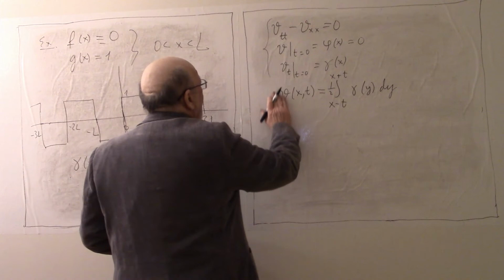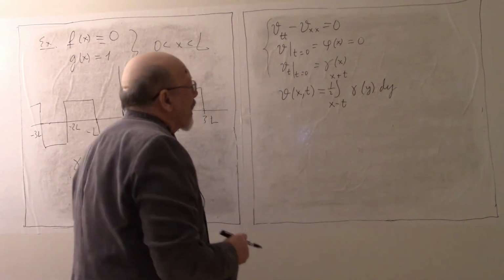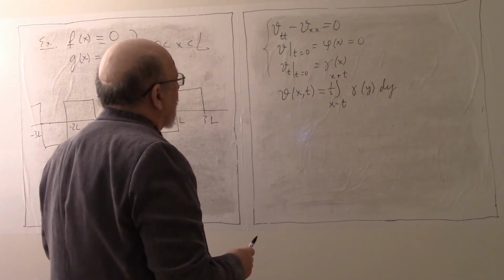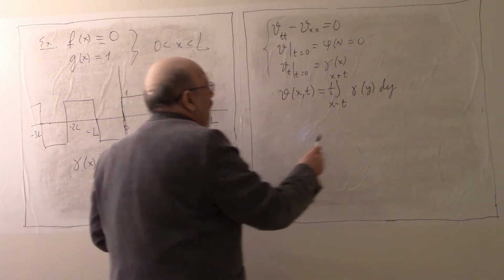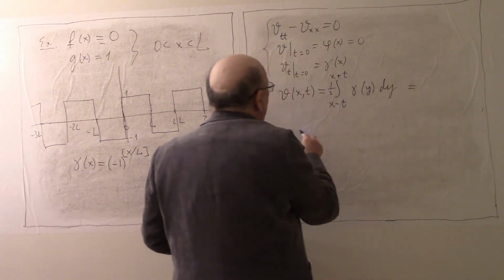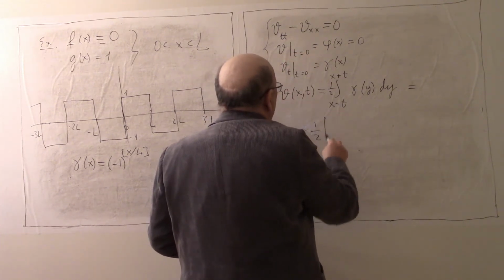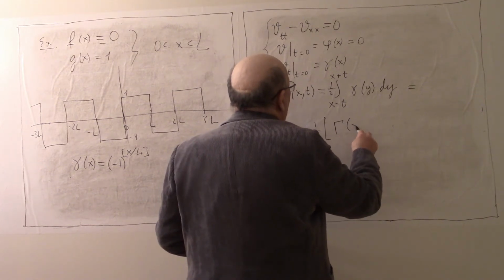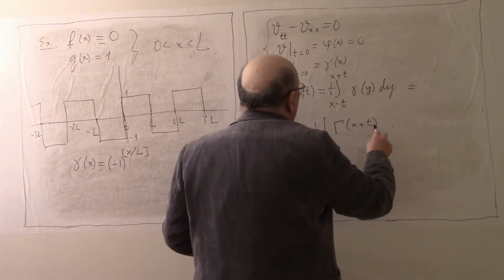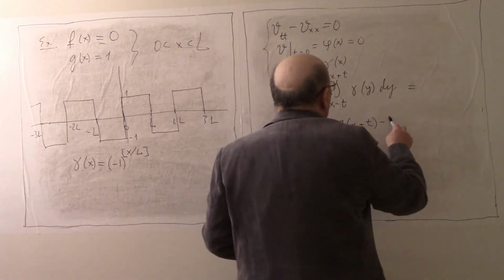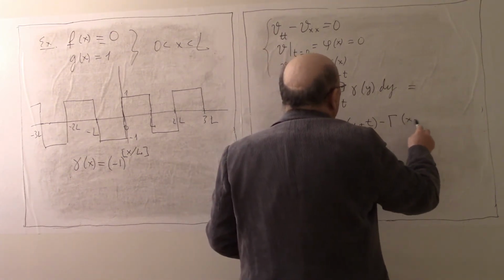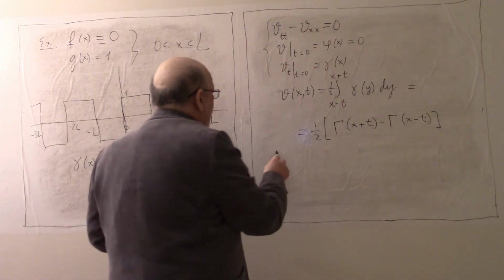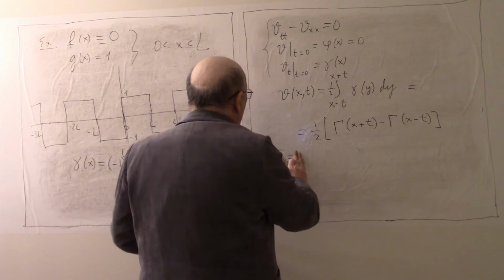Now we have to find what is gamma of y. It equals, let me write, 1/2 of capital gamma of x plus t minus capital gamma of x minus t.